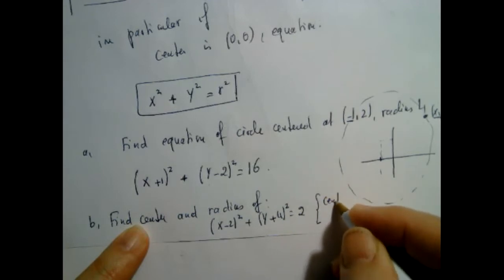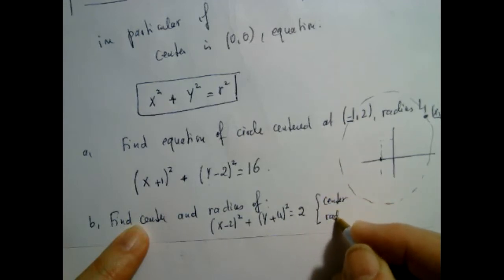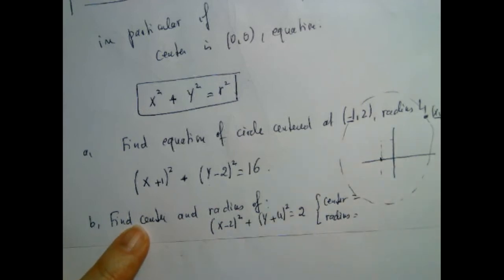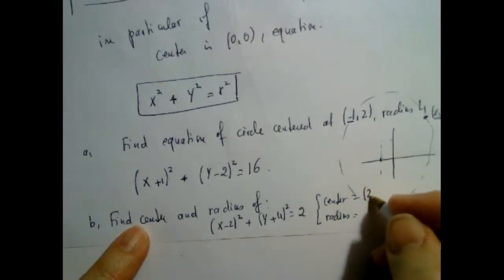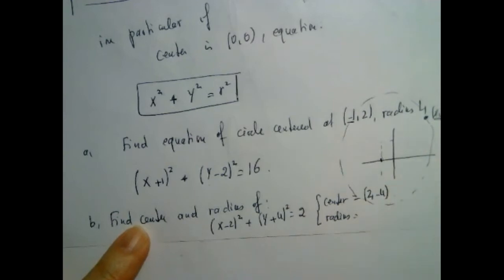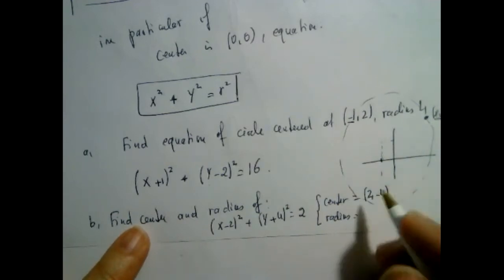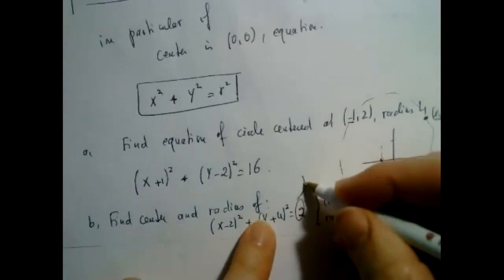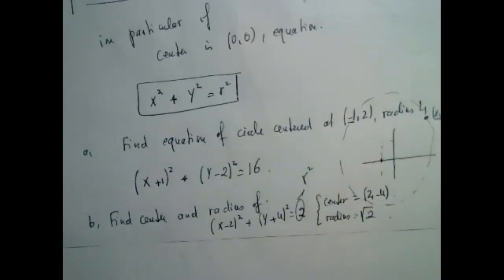What's the center? What's the radius quickly? Okay, what's the center here? Isn't it (2, -4)? Yeah. What's the radius? Square root of 2. Okay, because this is R squared, it means the radius has to be square root of 2. All right, so that's the circle.